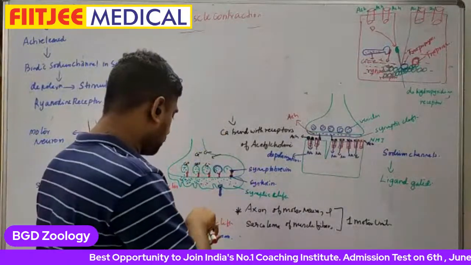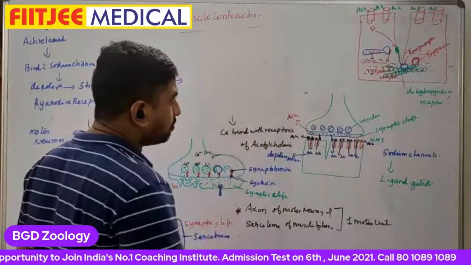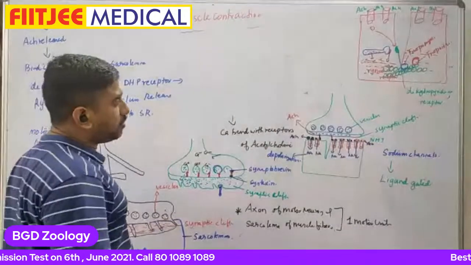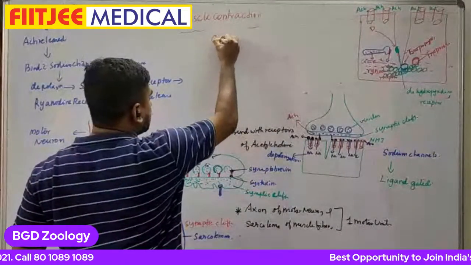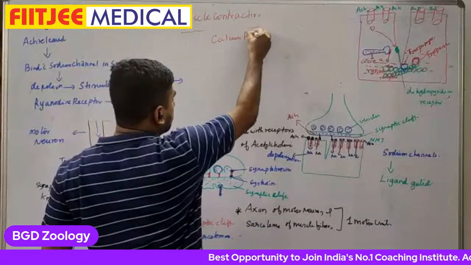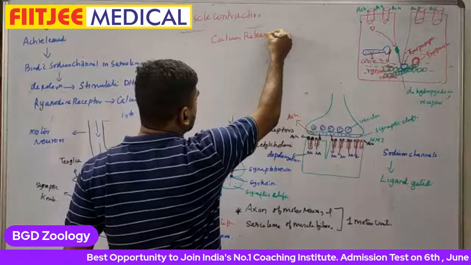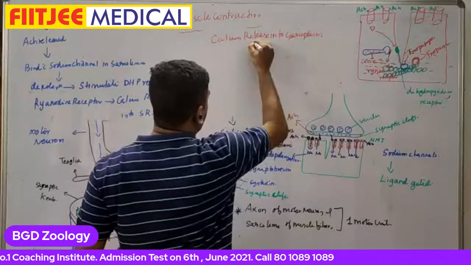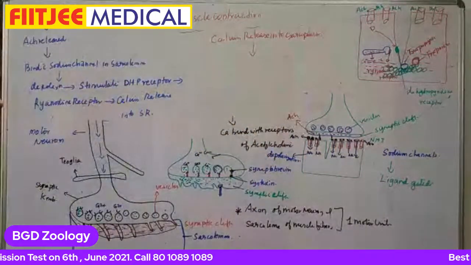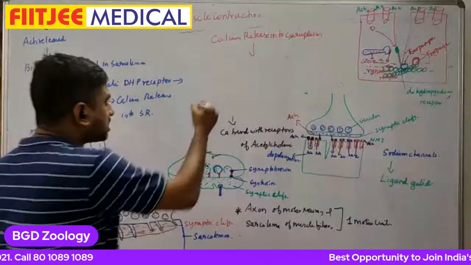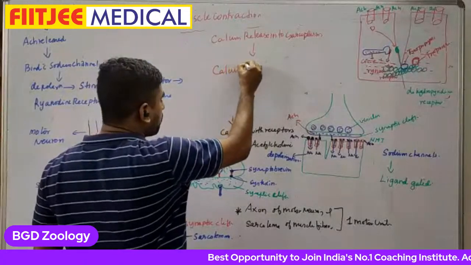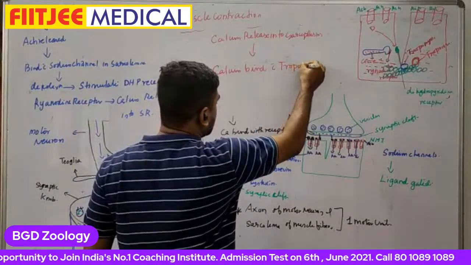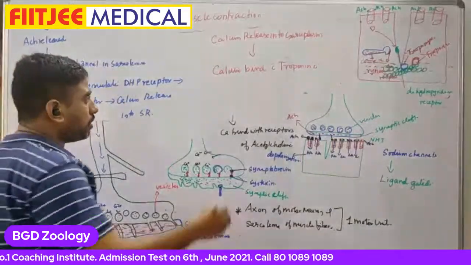When this calcium is released into the sarcoplasm, immediately what will it do? The first thing that will happen, this calcium binds with troponin C. Then what will happen?